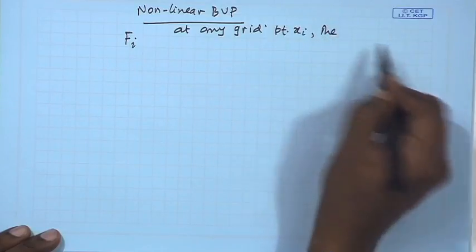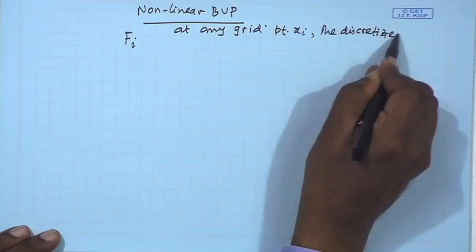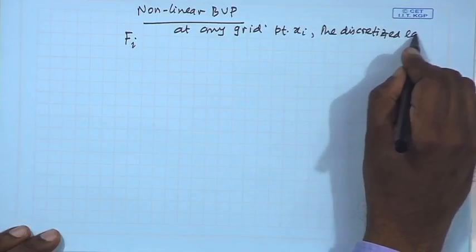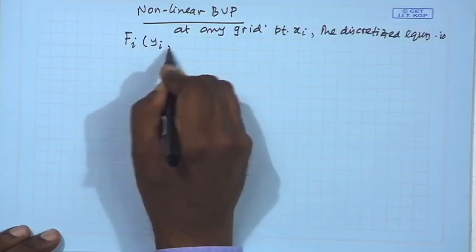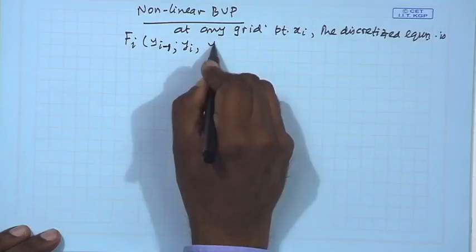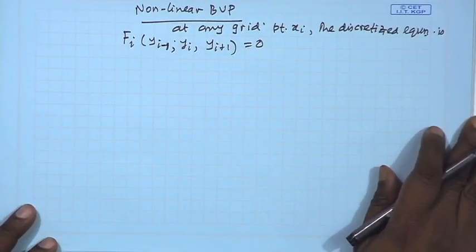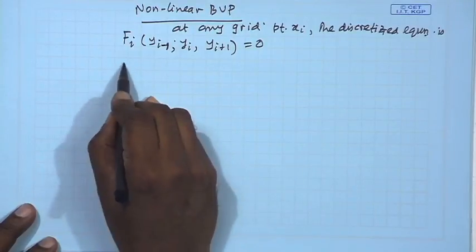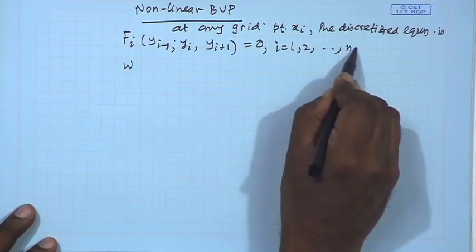The discretized equation is phi of yi minus 1, yi, yi plus 1 equal to 0, for i equal to 1 to n minus 1.